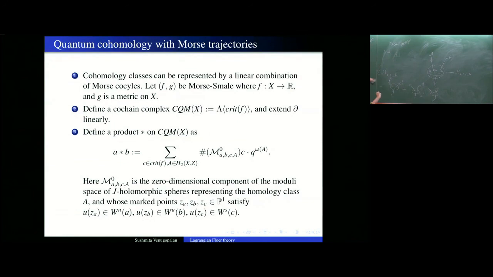So U is a map from a sphere to M such that U of Z_A maps to the unstable locus of A, etc. I've written that down. So unstable locus of A means that I have a gradient trajectory coming in from A into that point. That's right, capital A.